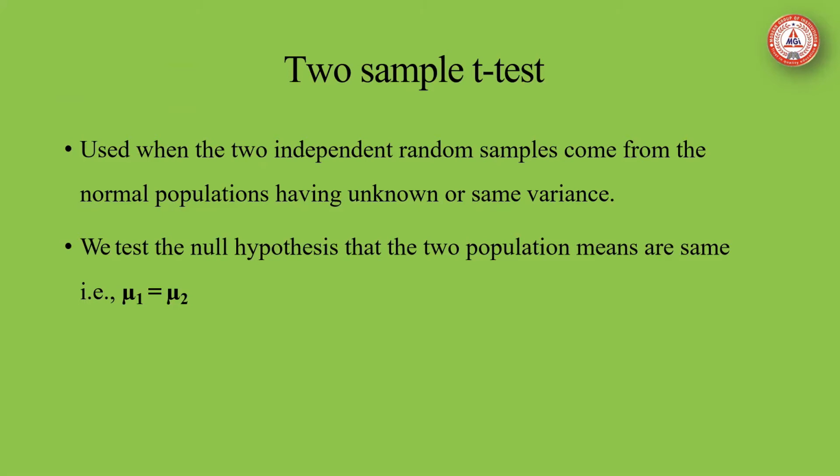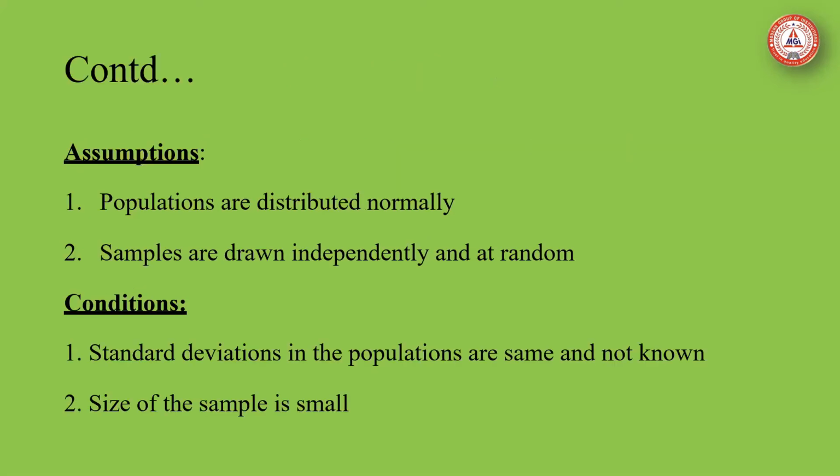Then, according to null hypothesis, the two population means are same, that is mu1 is equal to mu2. The conditions and the assumptions are: populations are normally distributed, samples are drawn independently and at random, standard deviations in the population are same or not known, and sample size should be small.